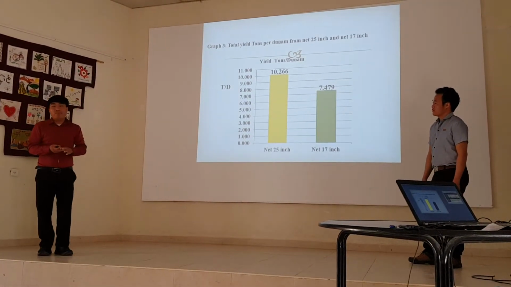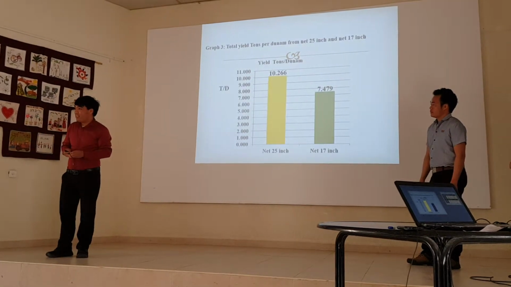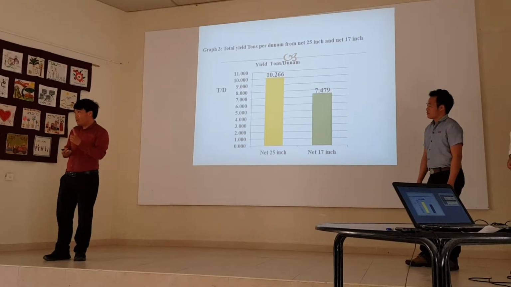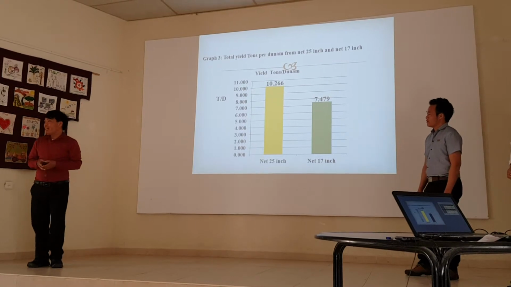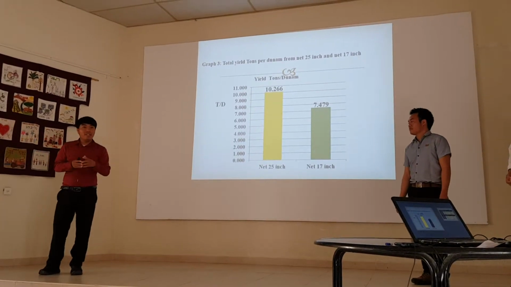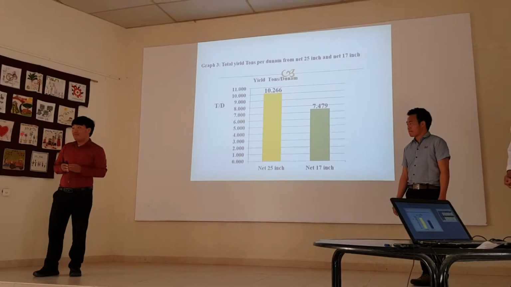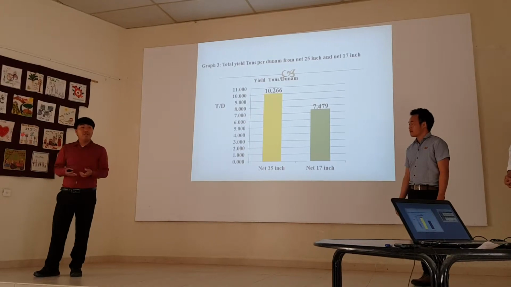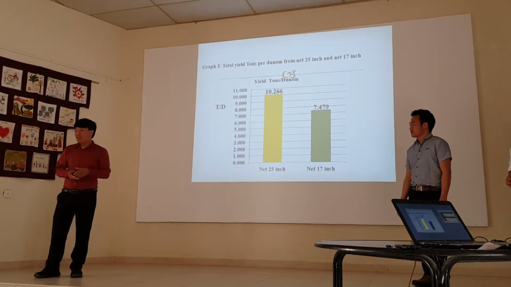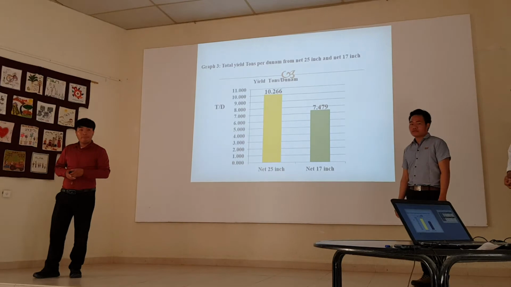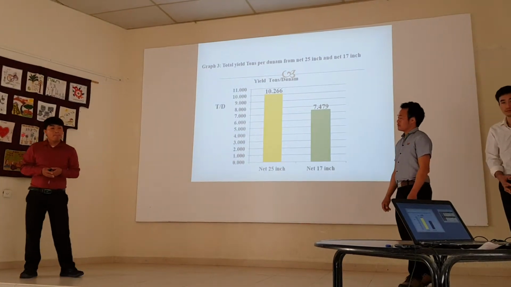Maybe one, the bigger the size of the fruit. Two, when you get a bigger fruit size, bigger kilograms, you get more tons. But why is it bigger? What happened?